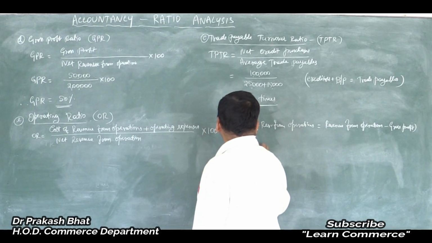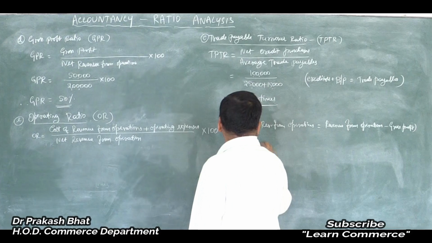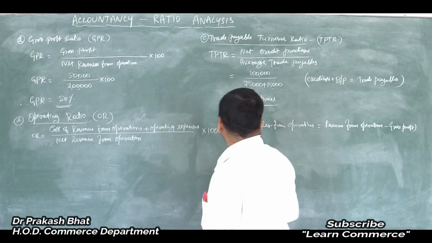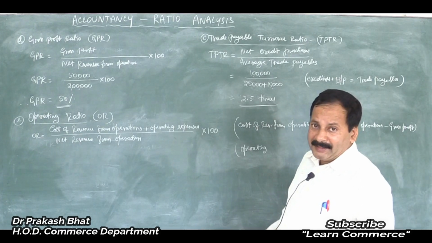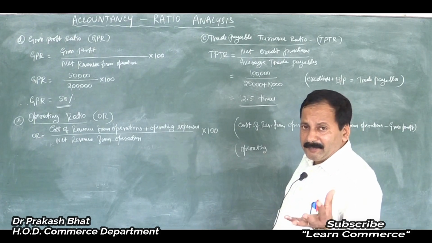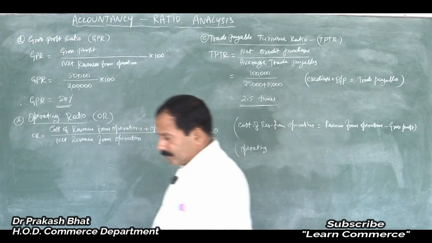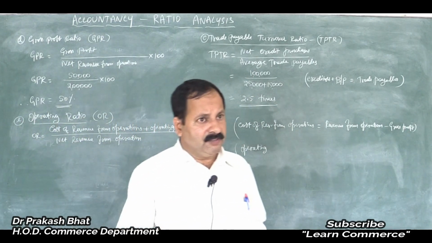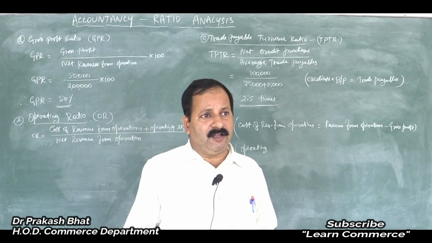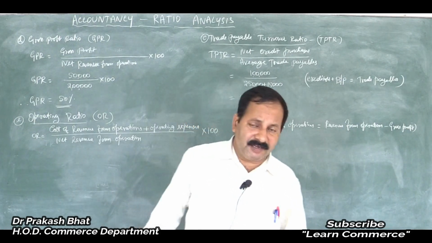Operating expenses. That is not manufacturing expenses. So it will come in the profit and loss account, not in the trading account. Right? So it will be selling expenses, distribution expenses, and other expenses like administrative expenses, correct?